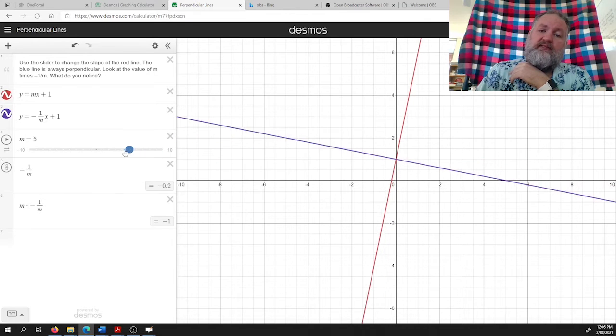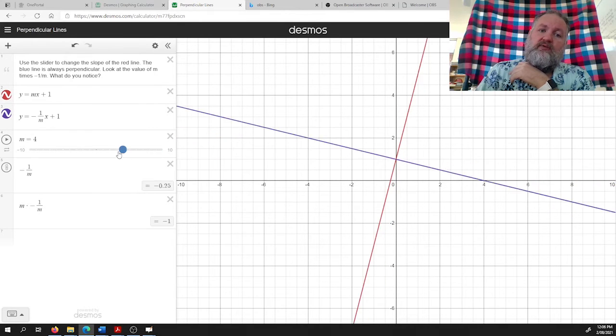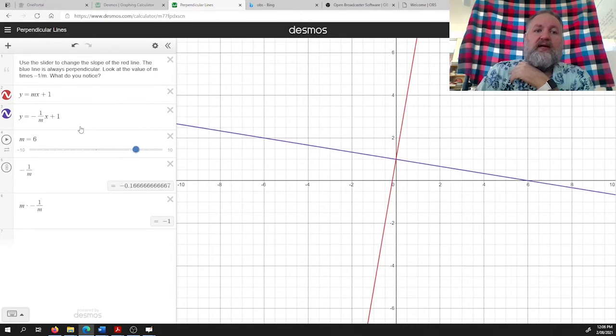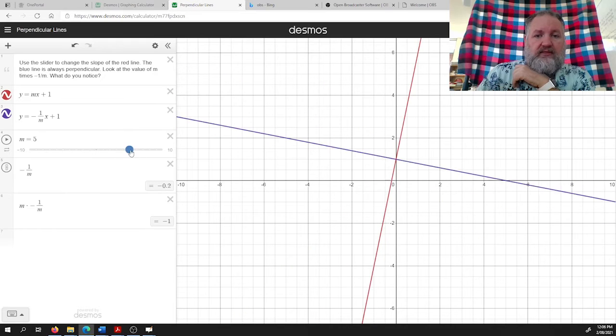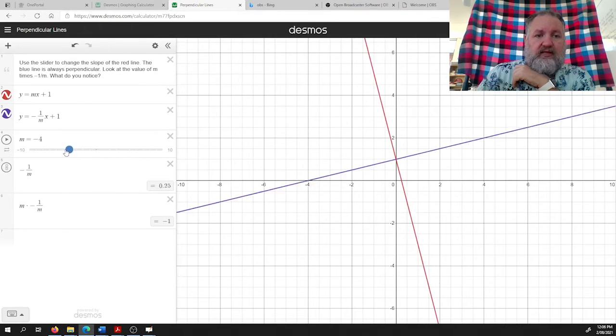No matter what this is, we will end up with perpendicular lines. Here, this formula is saying that the red one is y equals mx plus 1, whereas the blue is y equals -1/m x plus 1. So it's using the same value for m in both of these linear equations.